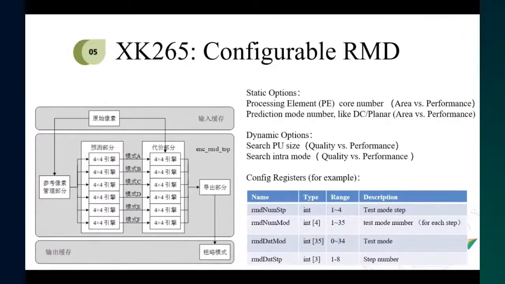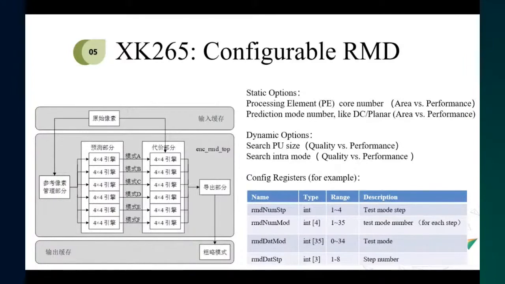The dynamic options mean that when the hardware is fixed, you can configure some registers to do the process step adjustment and make the IP core configurable. So the static options will affect the hardware cost, and the dynamic options will not affect the hardware cost.